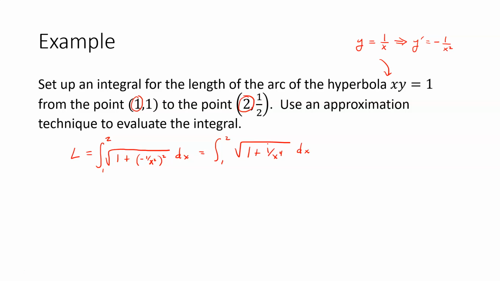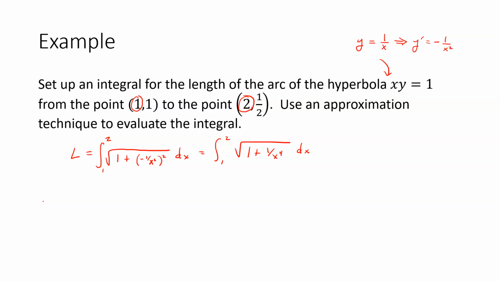And now our goal is to use an approximation technique to evaluate the integral. One approximation technique that might be useful here would be Simpson's rule or trapezoidal rule or midpoint rule, one of those approximation methods that we've learned in chapter 7.